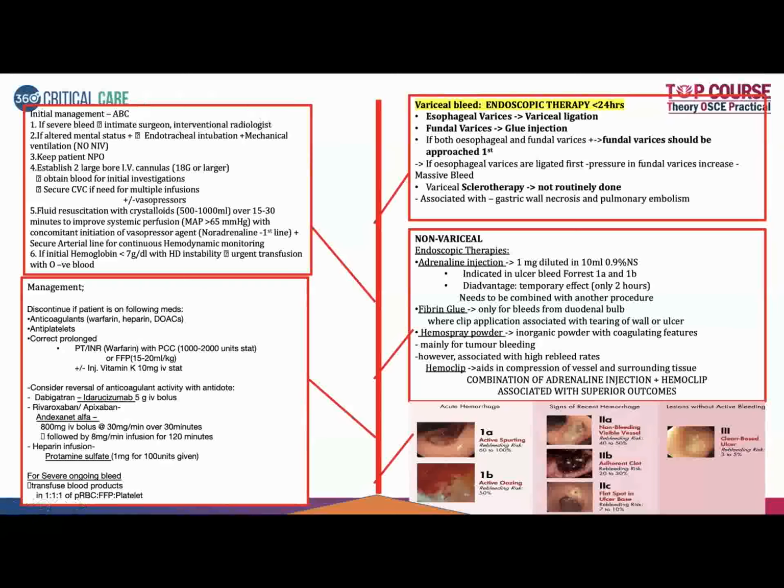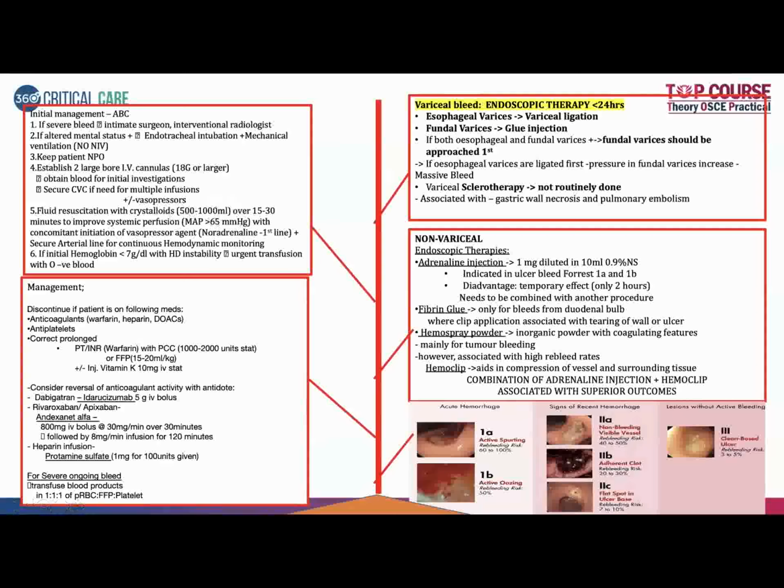If the patient has a risk of aspiration or altered mental status, immediately consider endotracheal intubation and mechanical ventilation, and secure large IV cannulas. Consider central venous catheters and vasopressors if indicated, and volume resuscitation with large volume crystalloids to ensure the patient is not hypovolemic, maintain a mean arterial pressure of more than 65.